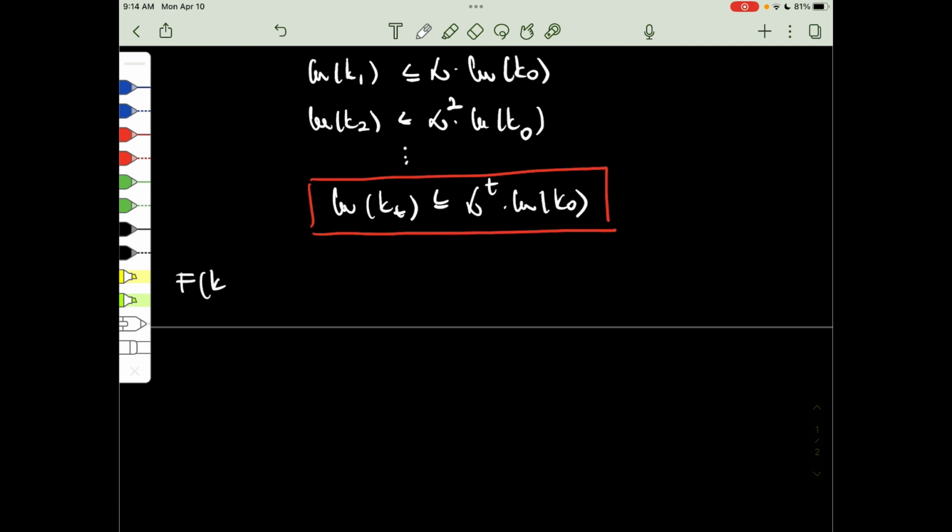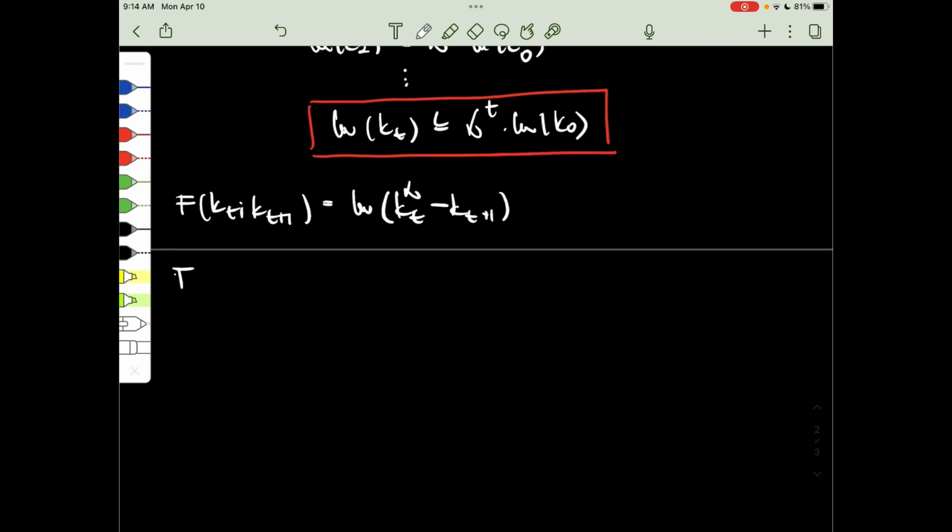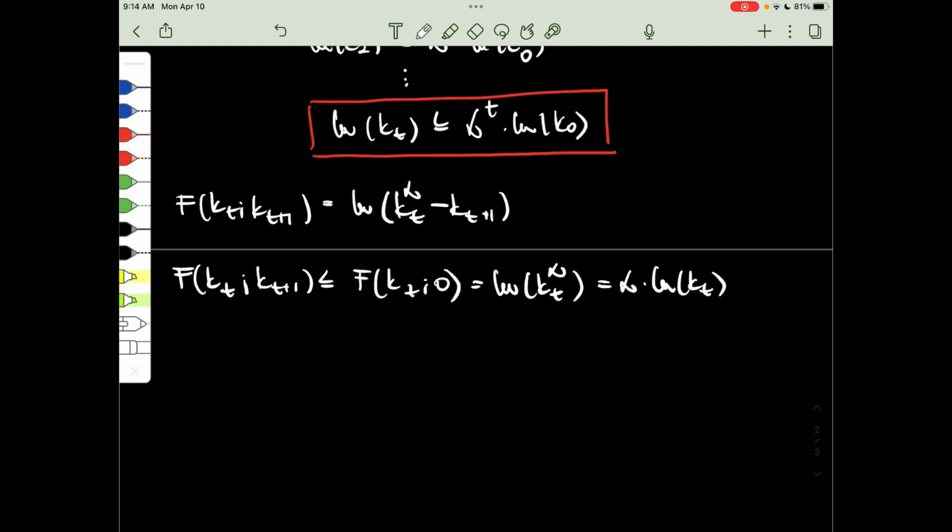Given that this is the one period return function, we can try to find a limit, a threshold, a bound, and it is true. It is also true, and it is also true.